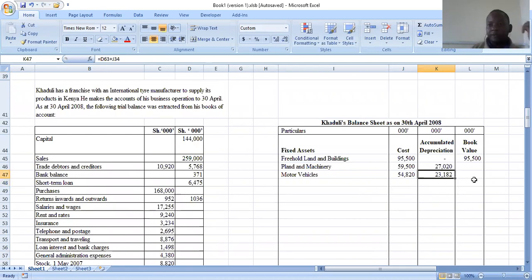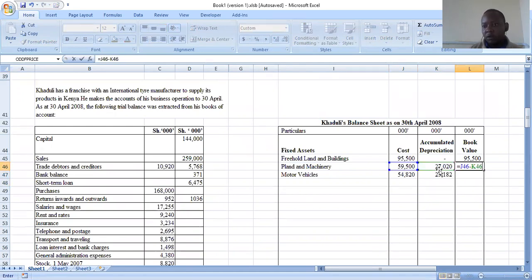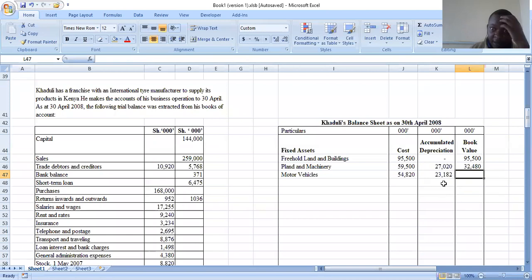So we deduct this accumulated depreciation from the cost to get the book value. For plant and machinery, the book value is 59,500 minus 27,020, which gives us 32,480. For motor vehicles, the book value is the cost, 54,820, minus the accumulated depreciation of 23,182, which gives us 31,638.